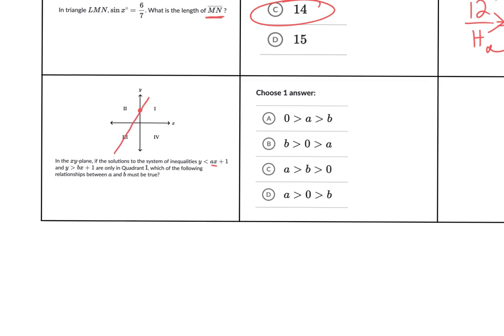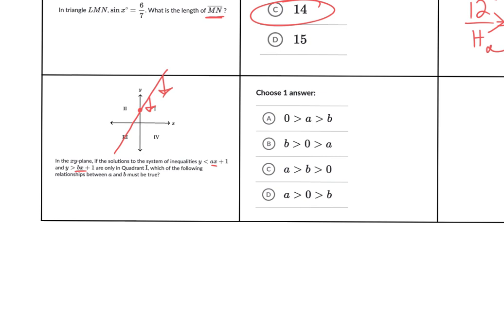So that means I have some slope this way. If y is less than this, and I have bx plus 1, say this was y, the second one, and it's greater than this, we definitely have solutions in the first quadrant, but we also have solutions in the fourth quadrant.